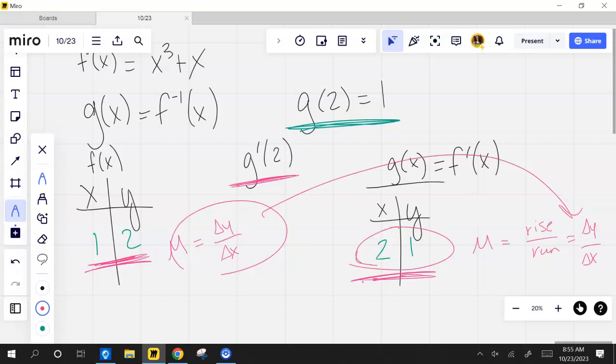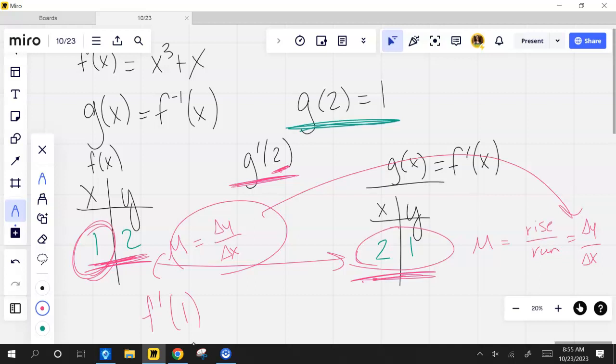So if I can find the slope of the inverse, then I can just flip them over. Does that make sense? So then my question becomes, what is the slope of f, not at 2, but at 1, because it's the inverse, right? These are the two points that kind of go together. They correspond on the inverses of each other. So what's the slope of the original at that point?